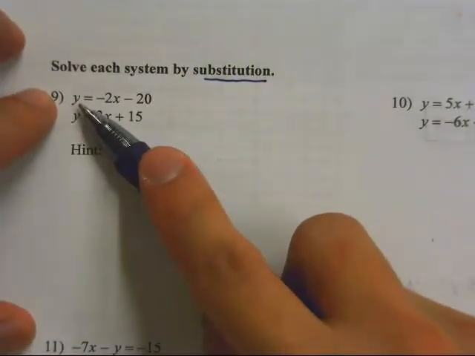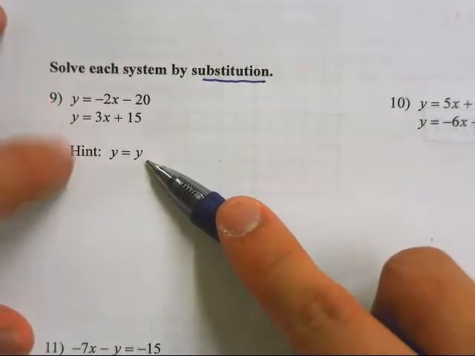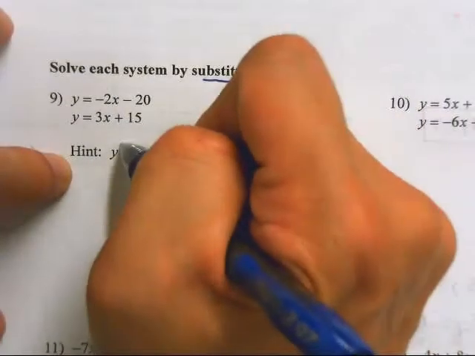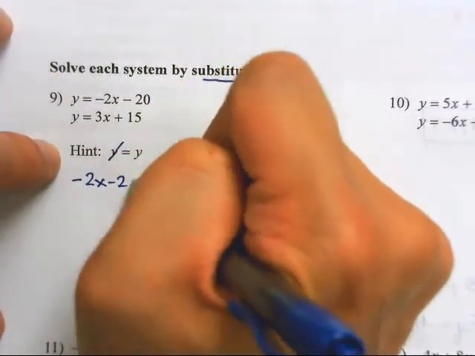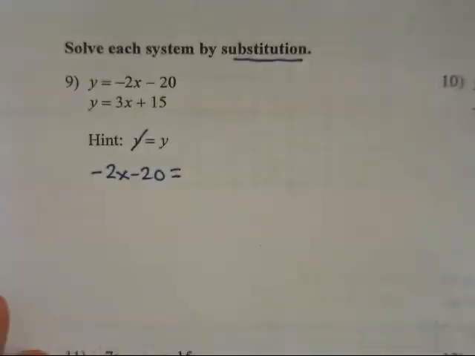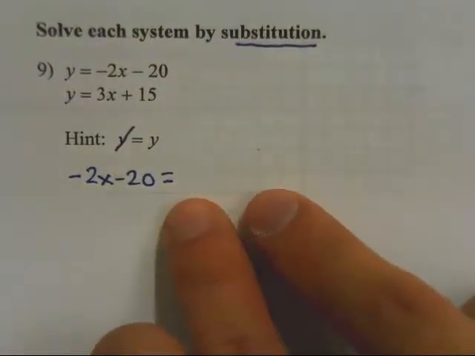If you have two equations that are y equals and y equals, your setup is going to be, and I gave you a hint, y equals y. Okay. You're going to cross off this first y and put the expression negative 2x minus 20. What would you guys put here after the equal sign?